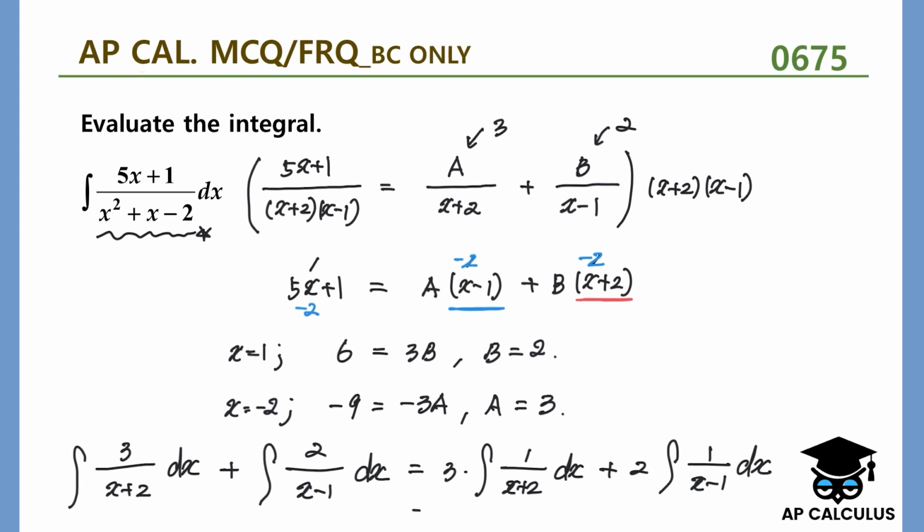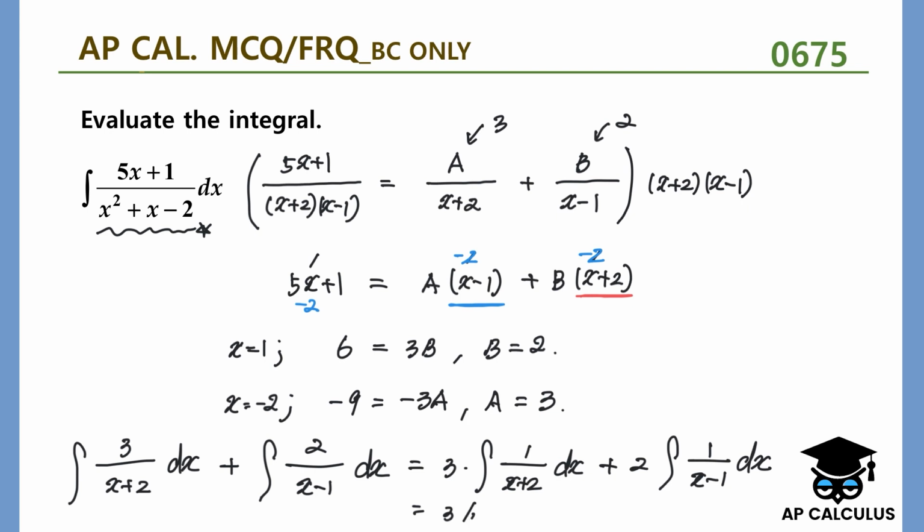So that is equal to 3 natural log of absolute value x plus 2 plus 2 times the natural log of absolute value x minus 1. And since this is an indefinite integral, we have to add a C, right? This is our answer.